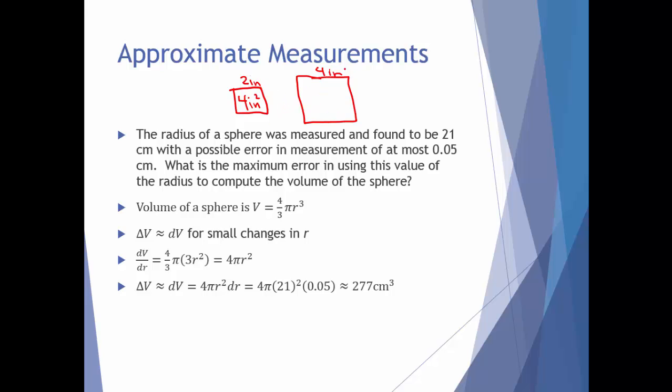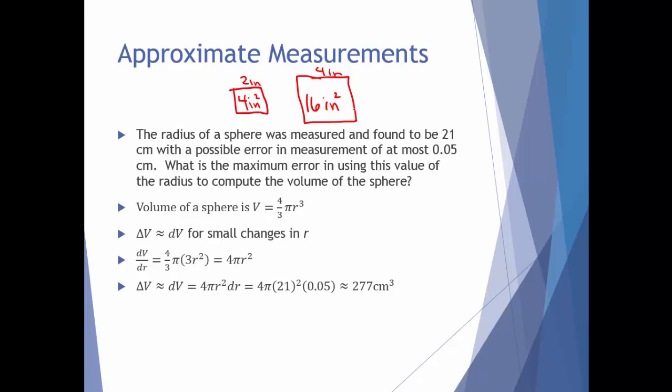The answer is no. If the side is 4, then the area of this square is 16 square inches. So increasing or decreasing a linear measurement does not affect an area to the same factor. We doubled the side, we quadrupled the area.